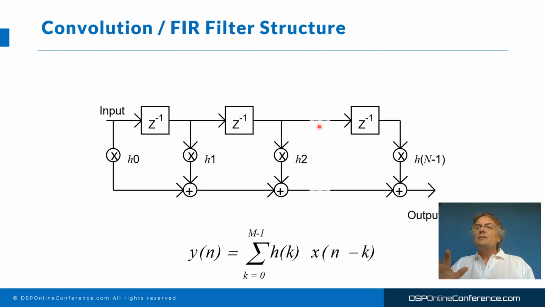But if we look at this block diagram, we see that for every input sample, x of n, we have to multiply all of the delayed time domain samples with the coefficients, and sum the results to get the output. That's a lot of maths for every input sample, especially if we have a long filter.